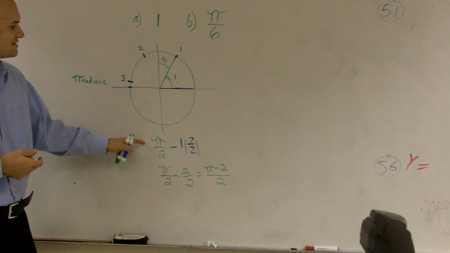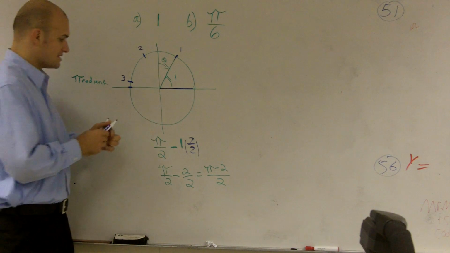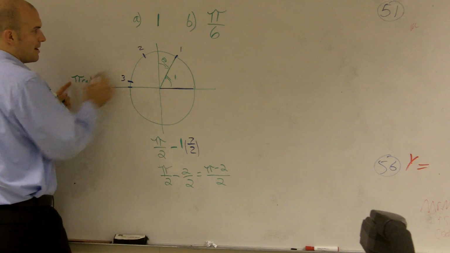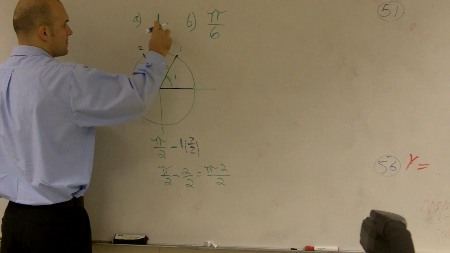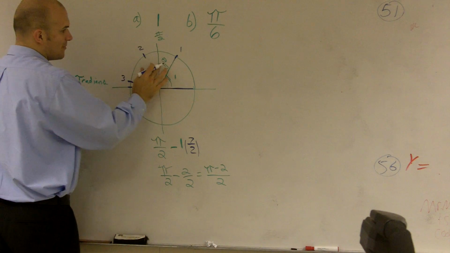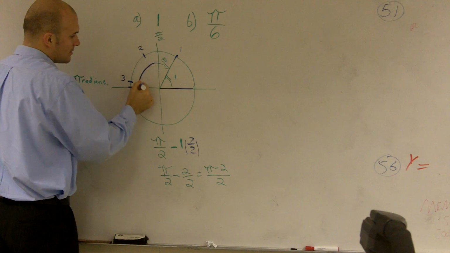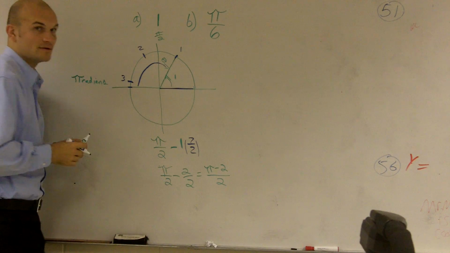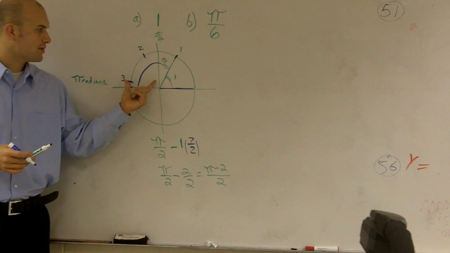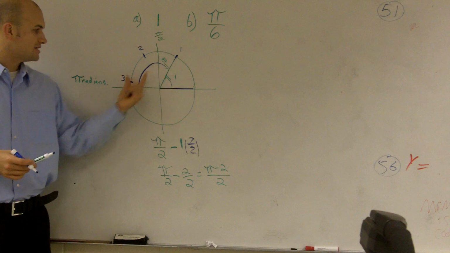If I wanted to find the supplement, now remember the supplement is right over here. This is at pi. So if this was pi over 2, if I want to find the supplement, now I'm looking for this angle from there to there, right? The supplement is what part of your angle will add to your 1 to get to 180.